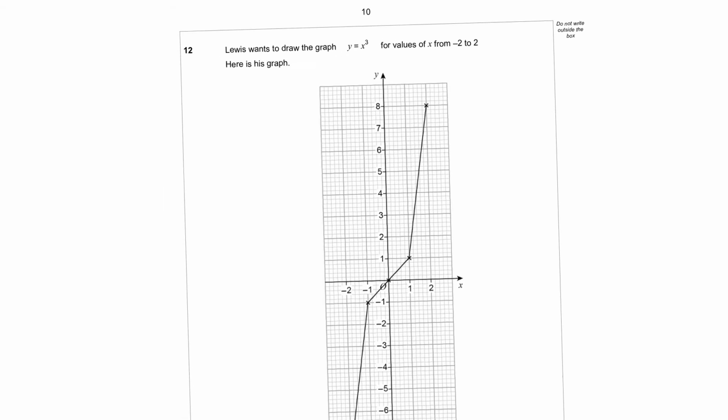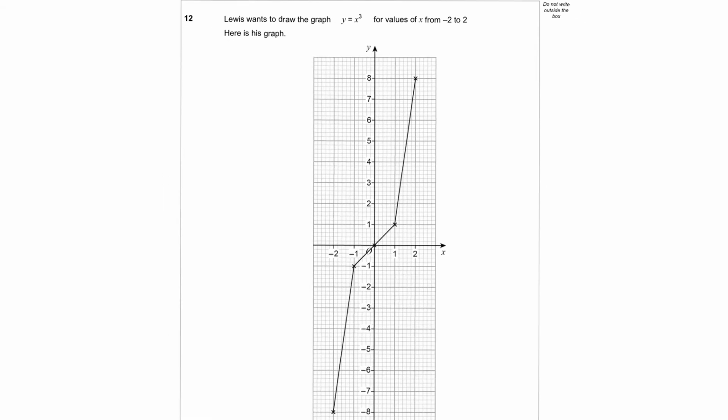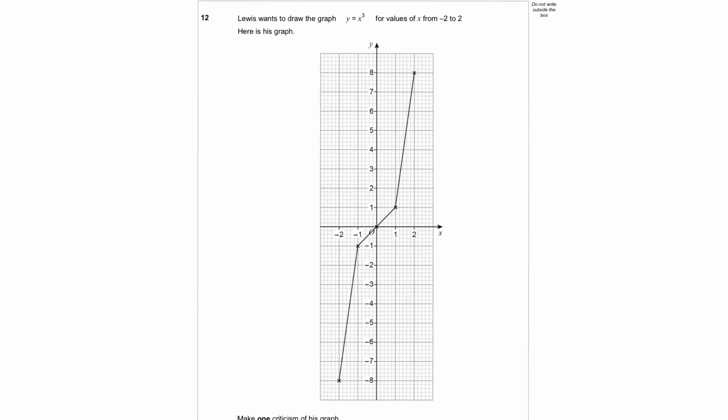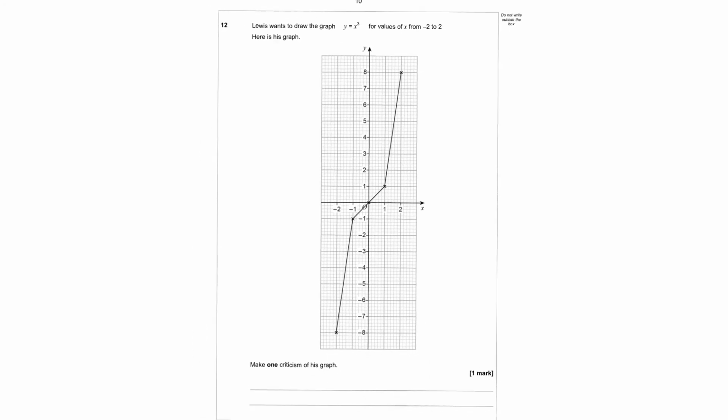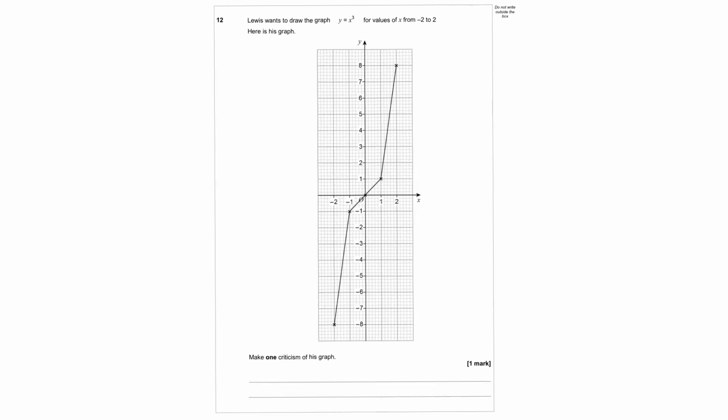Okay, so moving on to question 12, Lewis wants to draw a cubic graph, from values x from minus 2 to 2. So here is the graph that Lewis drew. So I have to make a criticism on it. Well, the criticism is not to say that his points are invalid, but anytime that you have a quadratic graph, a cubic graph, any type of indices graph, it shouldn't be straight lines that's looking jagged like this.